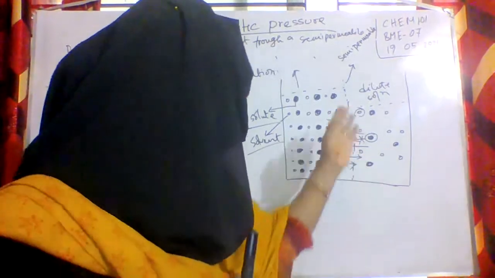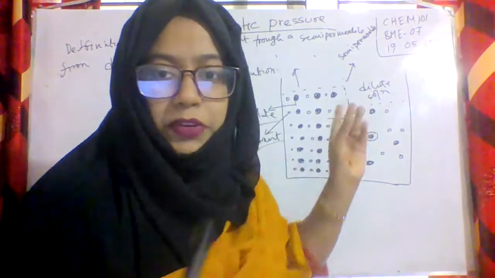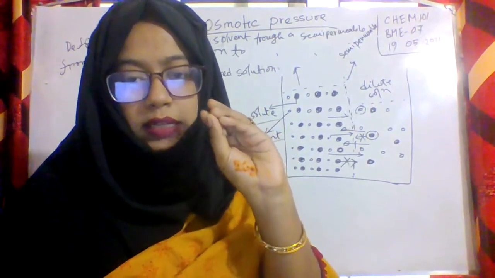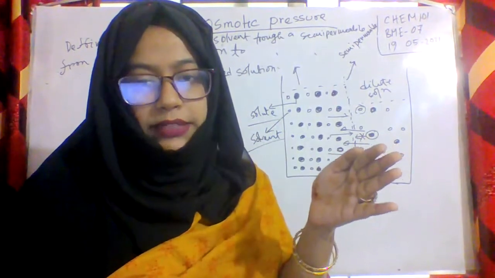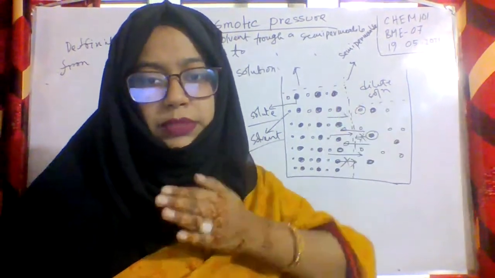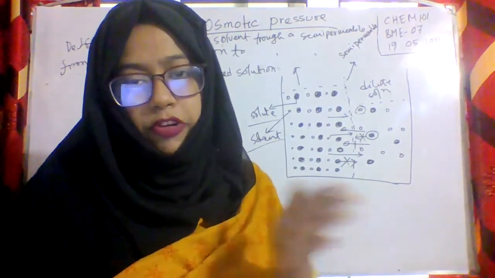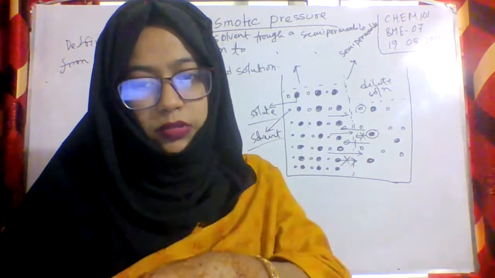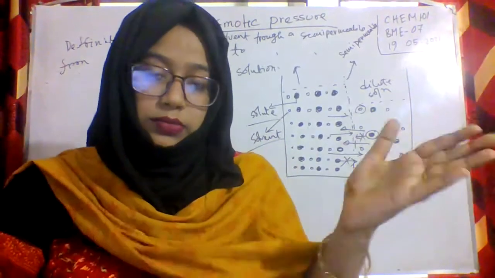Due to this membrane, the impure particles, which are harmful for the body, are separated from the pure blood, and the blood is again given back to the patient.